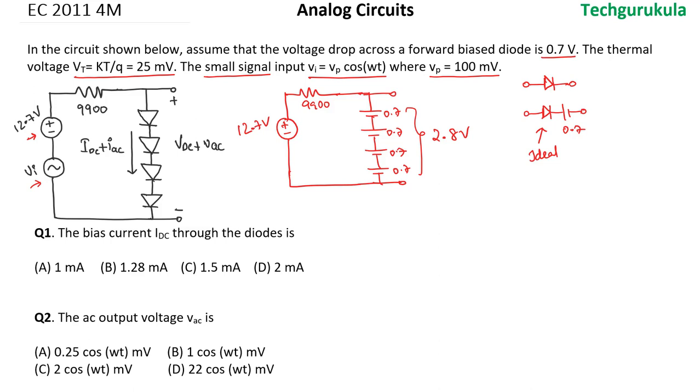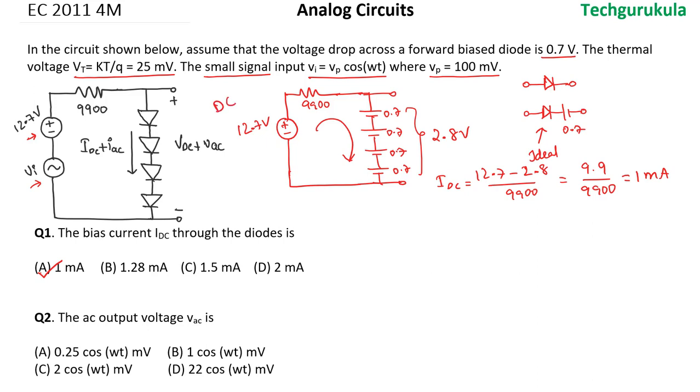The IDC current that would be flowing here will be equal to 12.7 volts minus 2.8 volts divided by 9900 ohms, which is equal to 9.9 volts divided by 9900 ohms, which is equal to 1 milliampere. So hence the correct answer is option A.